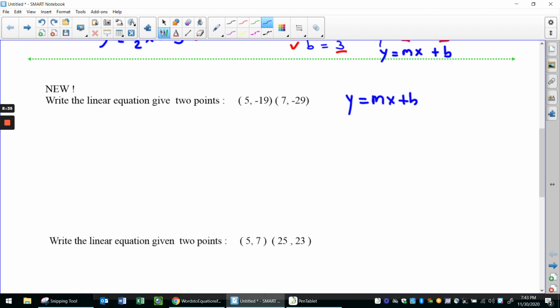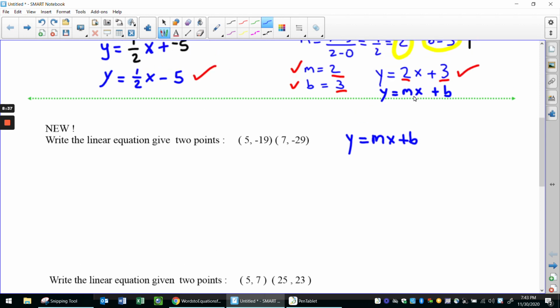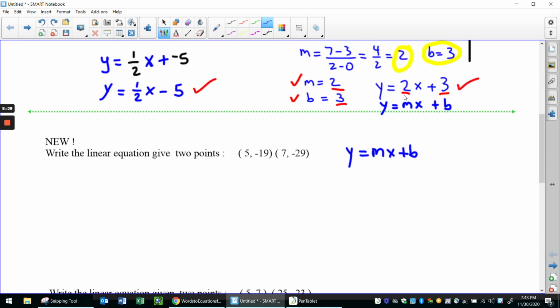And from the previous questions that we reviewed, we know that we need a slope and we need a y-intercept. So those are the 2 main important items that we need. We need the slope and the y-intercept, and then we just substitute the x and the y, and there you have it.